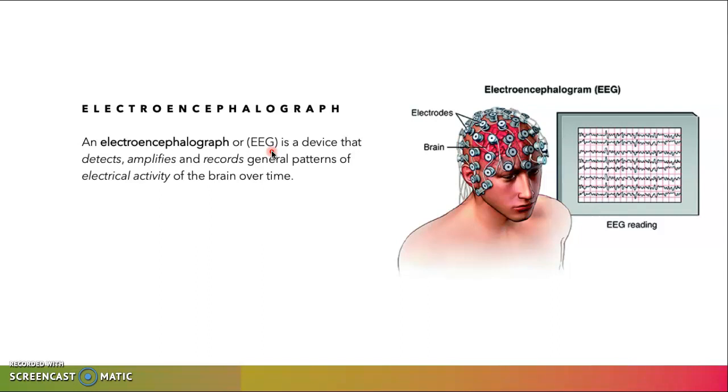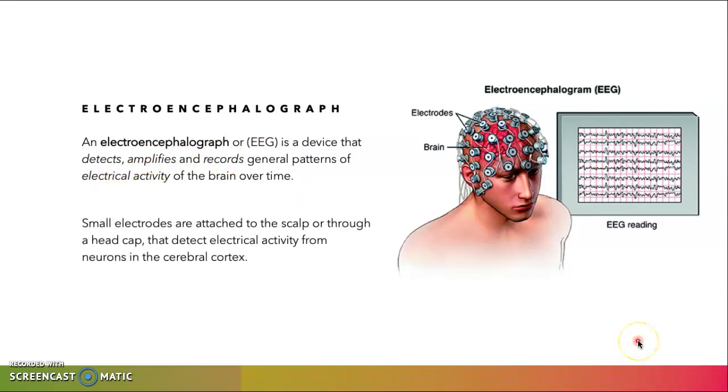When you write the definition, it must state that it detects, amplifies, and records electrical activity. Now I've put those in italics to remind you. Detects, amplifies, records electrical activity.